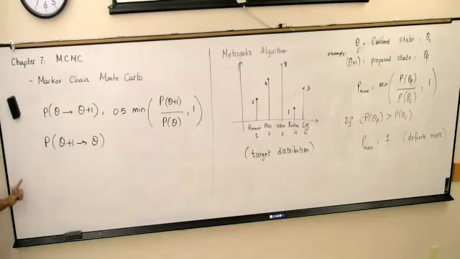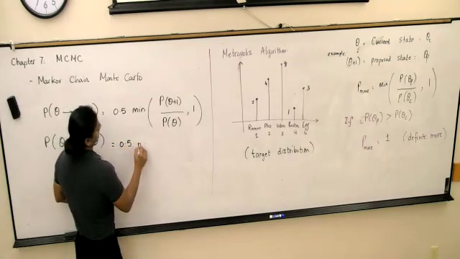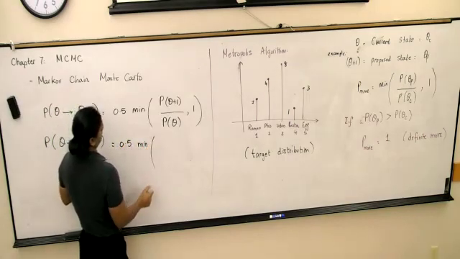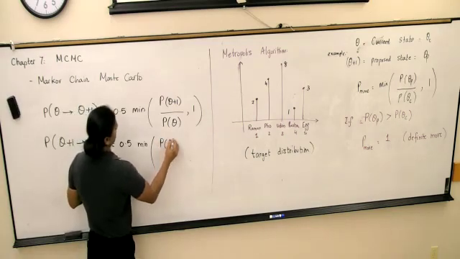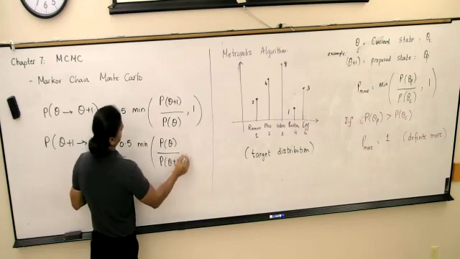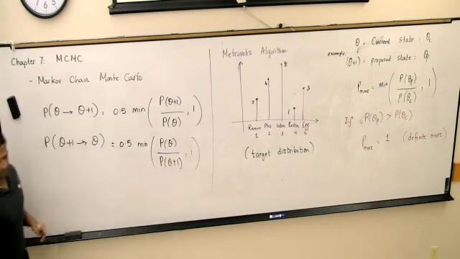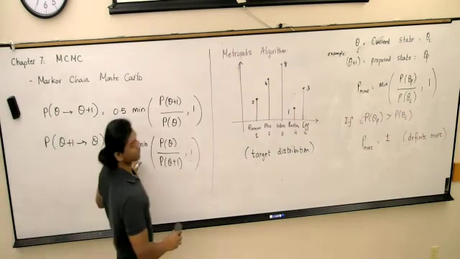That would be 0.5 times the minimum of the probability of θ divided by the probability of θ plus 1, comma 1. It's always a 50% chance.